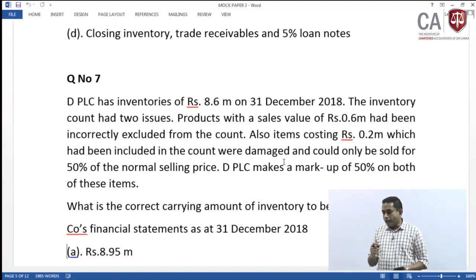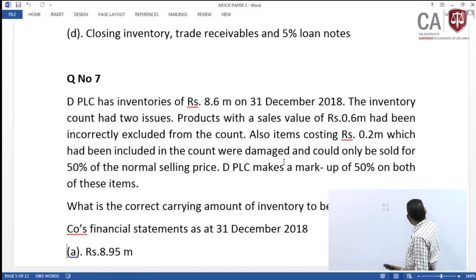Then also items costing 0.2 million, which had been included in the count, were damaged and could only be sold for 50% of the normal selling price. Now it is an instance where inventories are written down from cost to NRV. Cost is 0.2 million.